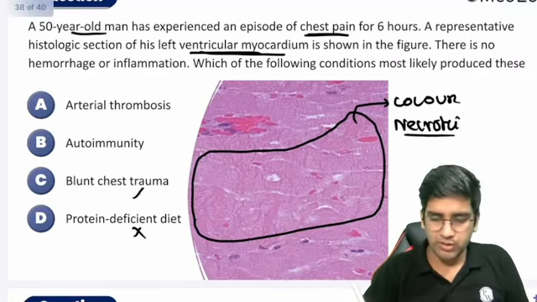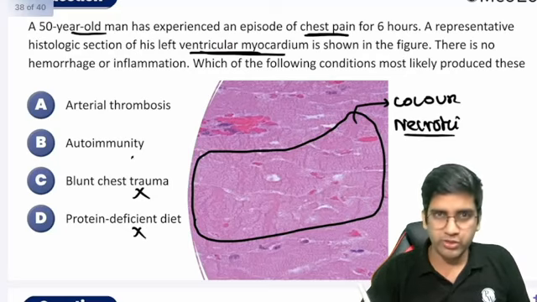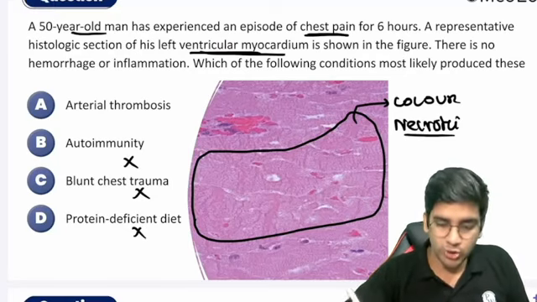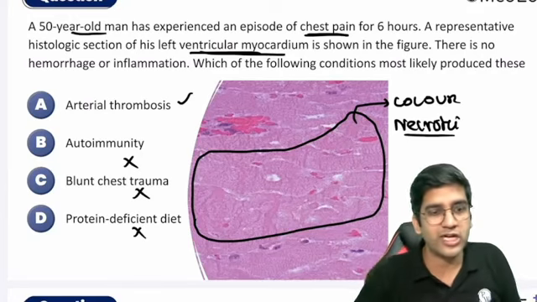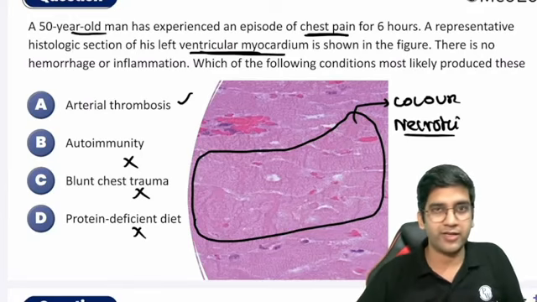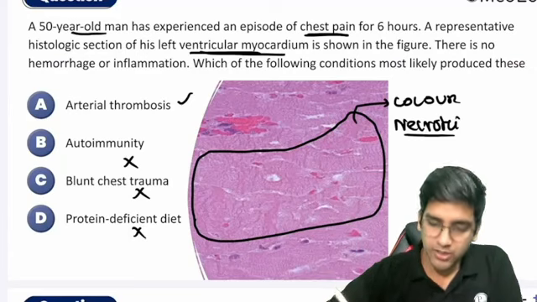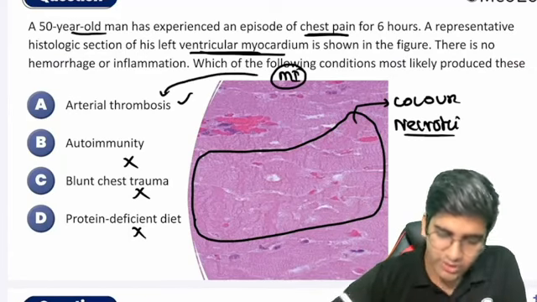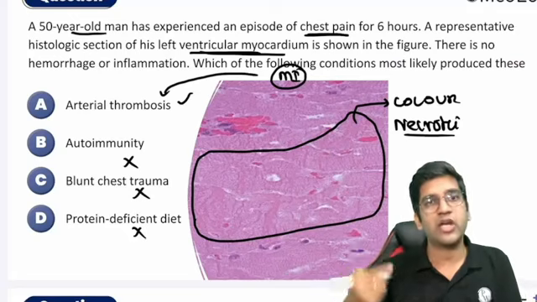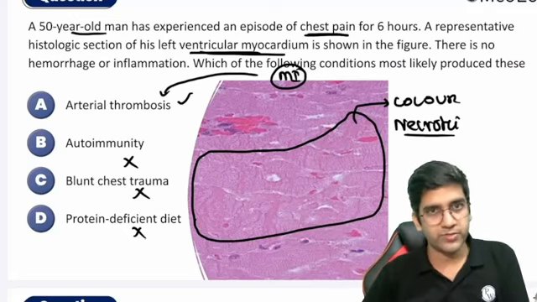No. Trauma? No. Autoimmunity? No. A thrombus is nothing but occlusion of the blood vessel, can it cause a heart attack? It can, right? So I'm having a necrotic area, so my diagnosis here is myocardial infarction. And the only etiology amongst the four options which can cause a heart attack is your arterial thrombus.